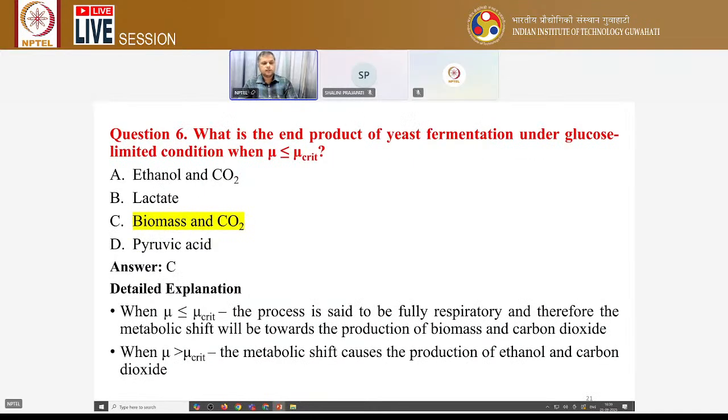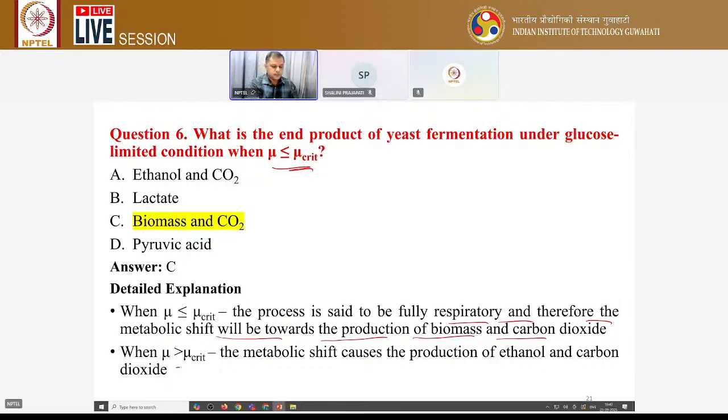Next question is, which is the end product of yeast fermentation under glucose limited condition when mu is less than mu critical? If mu is less than mu critical, the process is said to be fully respiratory, and therefore the metabolic shift will be toward the production of biomass and carbon dioxide.